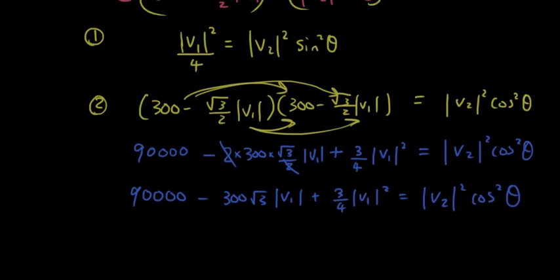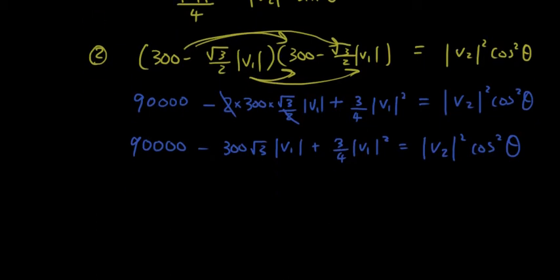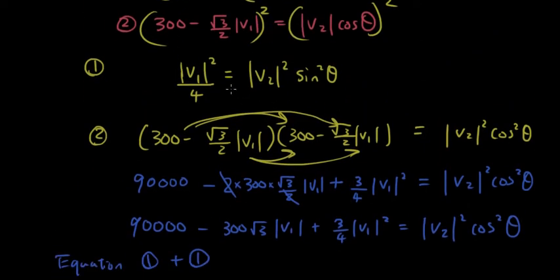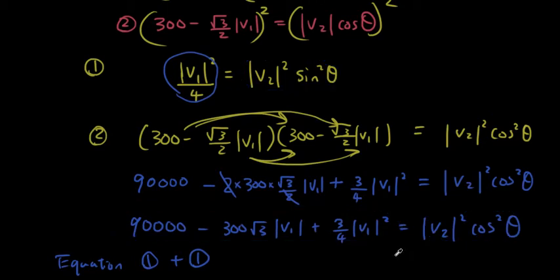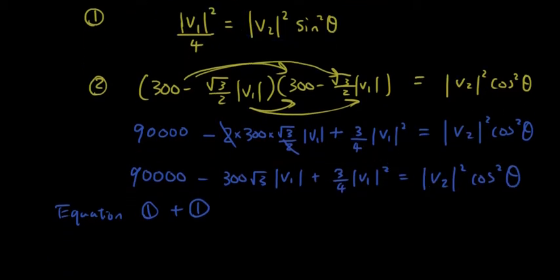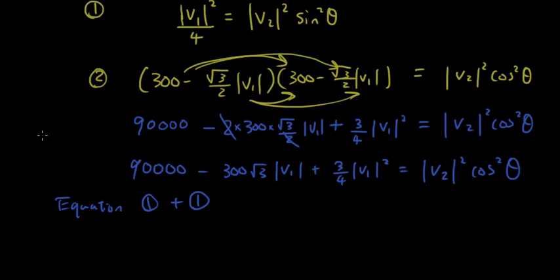And what I'm going to do now is use the method of solving simultaneous equations, and I'm going to go equation 1 plus equation 2. So I'm going to add the left hand side to the left hand side, and right hand side to right hand side. Oh, why did I say 1 plus 1?